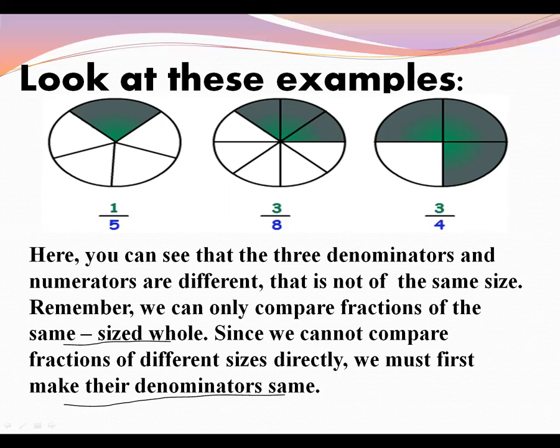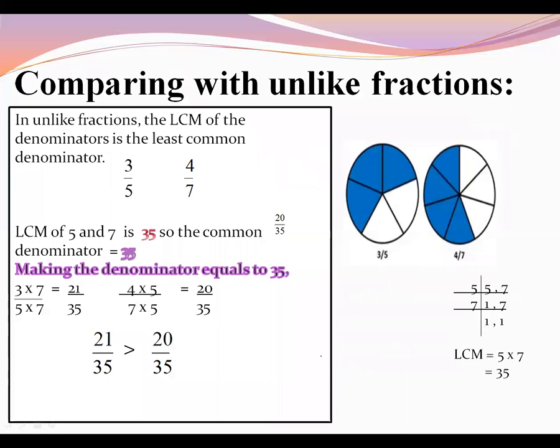Whenever you are dealing with different denominators, for the comparison we have to make their denominators the same first, because comparison is very simple if their denominators are the same. And how you are going to do that, I'm going to explain by following some steps. Now look over here. These steps are very, very simple. You just have to focus.